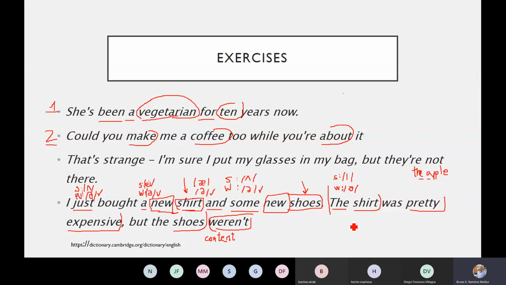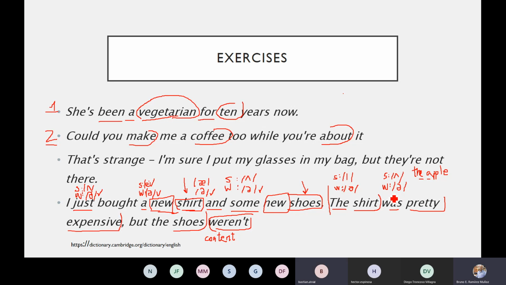The shirt was. We have two forms here. The strong form was with a wedge, or the weak form with the schwa. The shirt was pretty expensive, or with the weak form. The shirt was pretty expensive. The shirt was pretty expensive, but the shoes weren't.